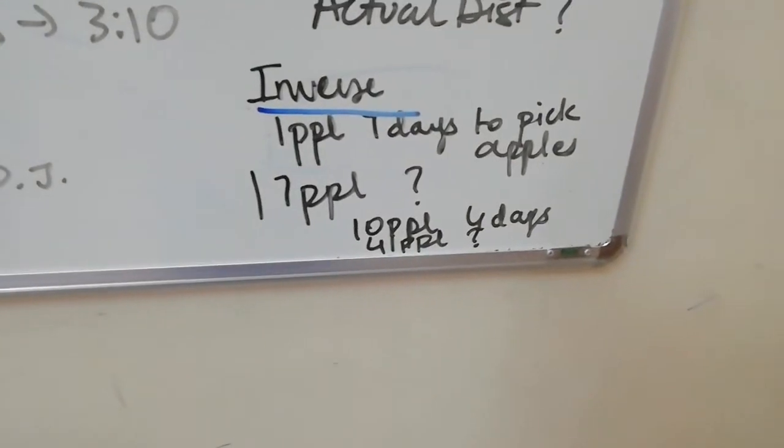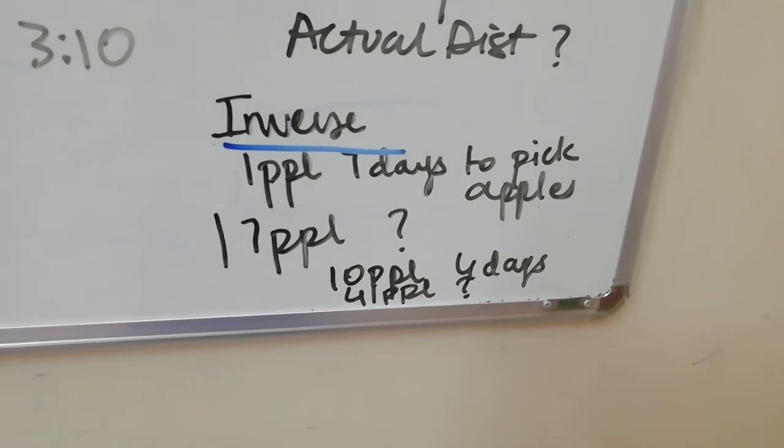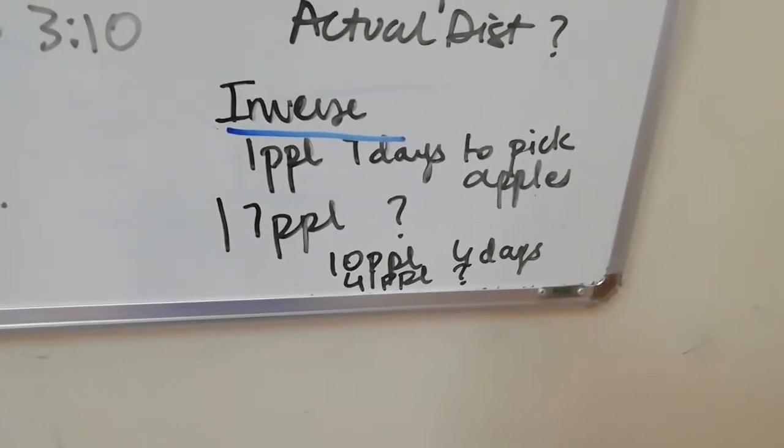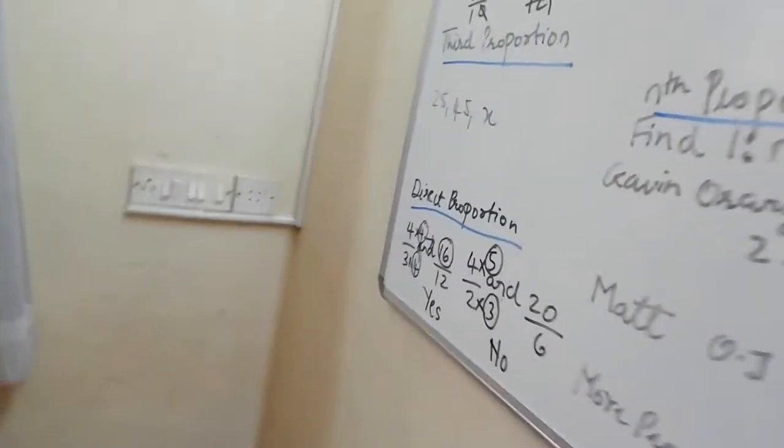Now there is something called inverse proportion. What is inverse proportion? One person takes 7 days to pick apples. Same work, by how many days will 7 people complete this work? I will just erase this so that there is place over here. What is the question? One person takes 7 days to pluck apple.